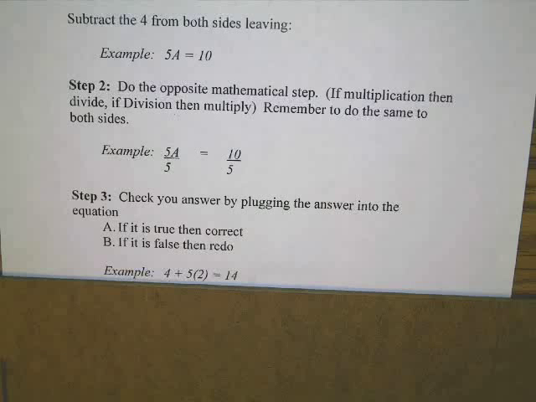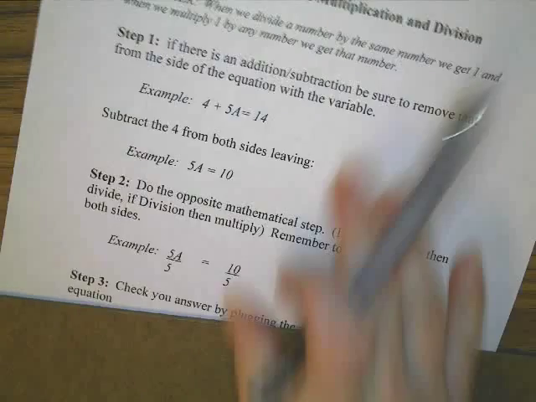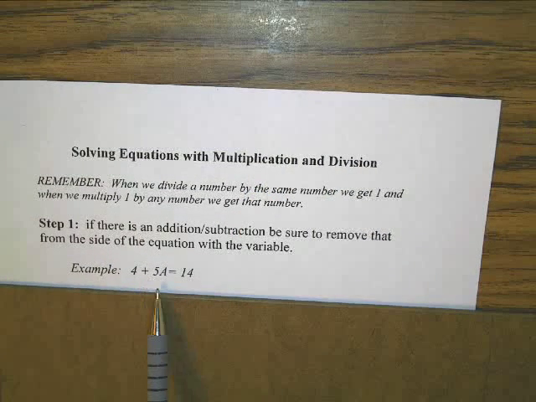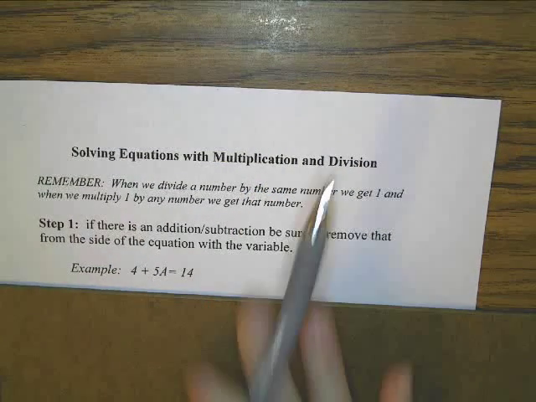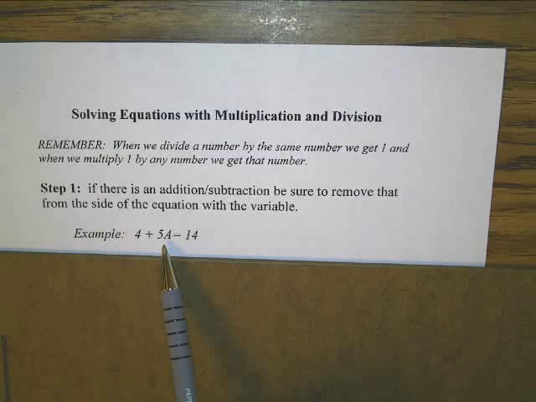a equals 2, right? So step 3, just like step 3 yesterday, is to check our answer by plugging it into the equation. If it is true, then we know we got it right. If it's false, we know we got it wrong and we have to redo it. So our equation was 4 plus 5a equals 14. So we plug in what for a?